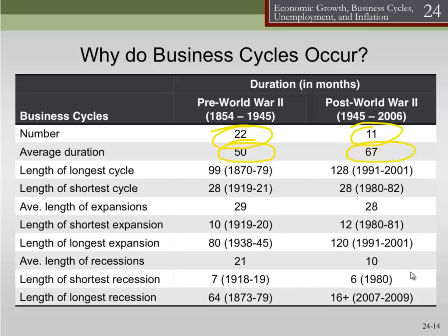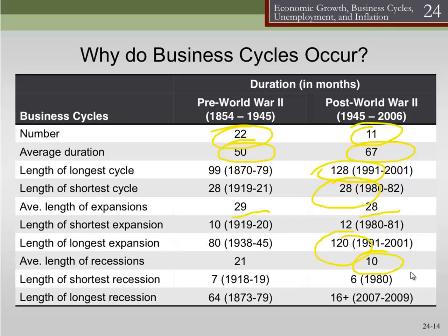If we take a look at length, the longest cycle is longer, and the shortest cycle is no less. The average length of expansions has not changed very much, but the length of the longest expansion has changed considerably, and the average length of recession is half what it was.